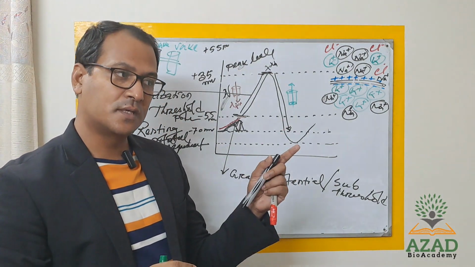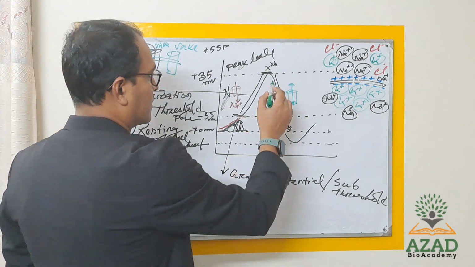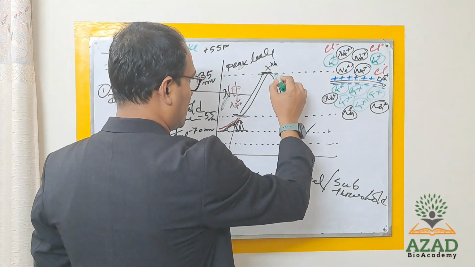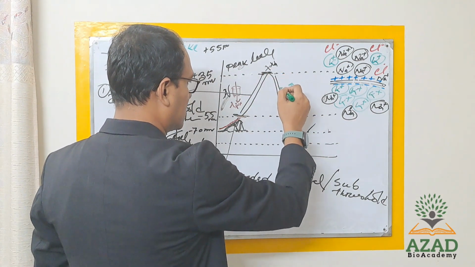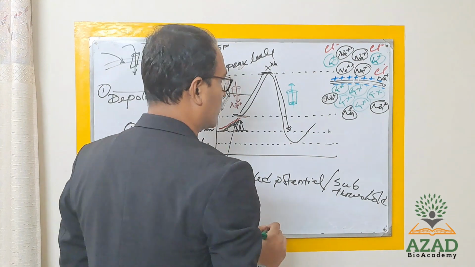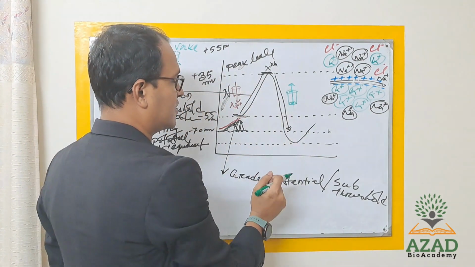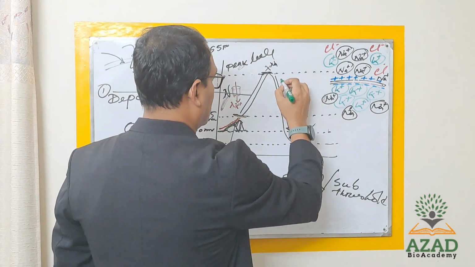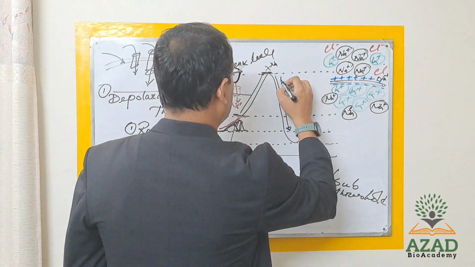That means it will just again go to the rest. Okay, so the potential changes will just go toward the resting membrane potential, and that electrical potential change is called repolarization.